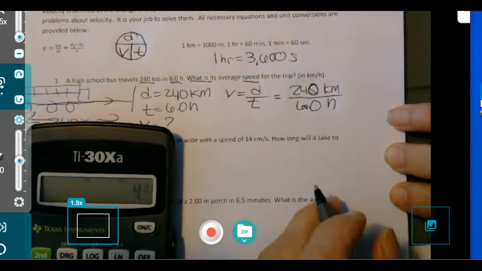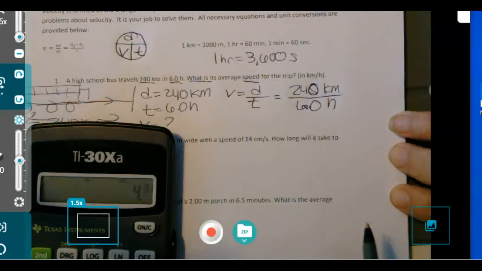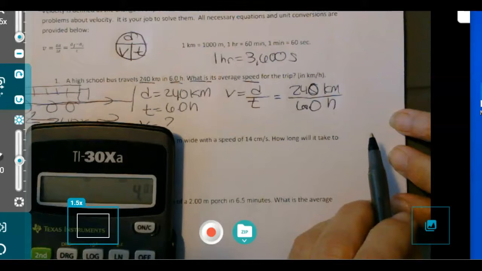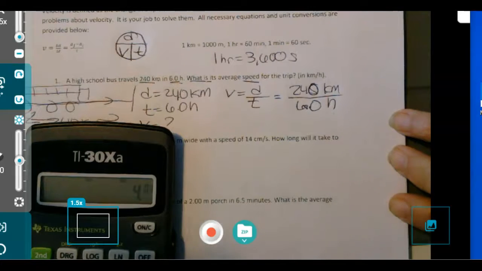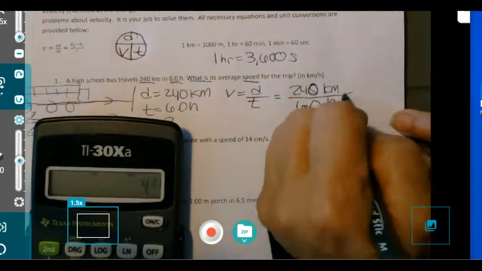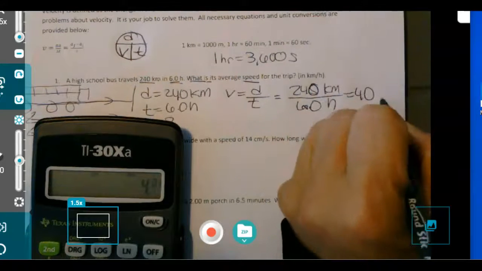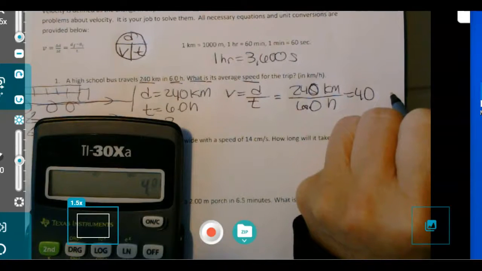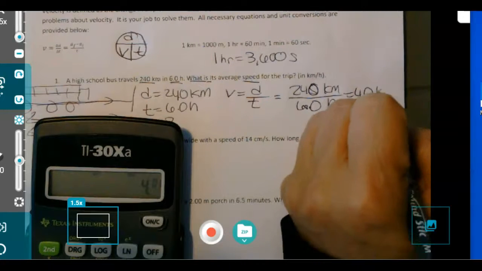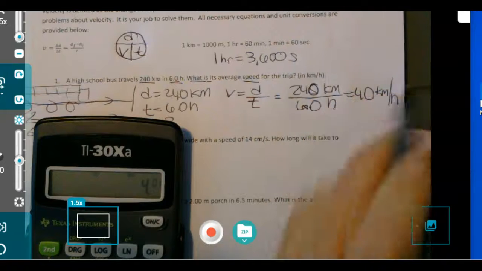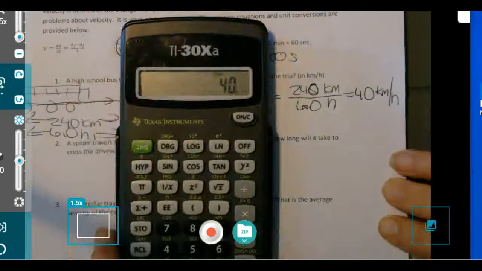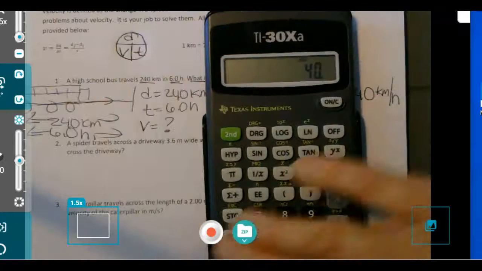So that is 40. Sorry, I was not seeing that one. 40 kilometers per hour. There we go, 40. That was in my scientific notation.